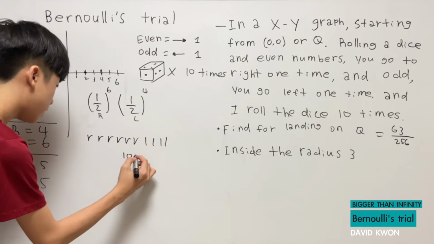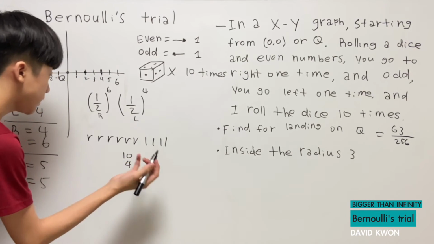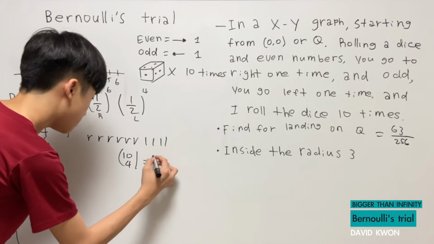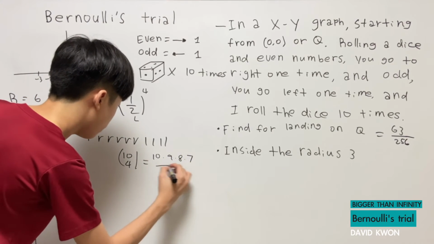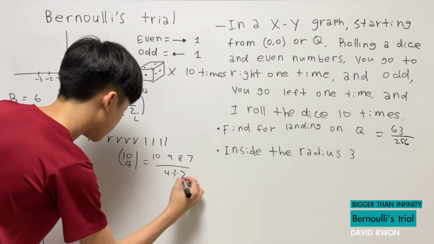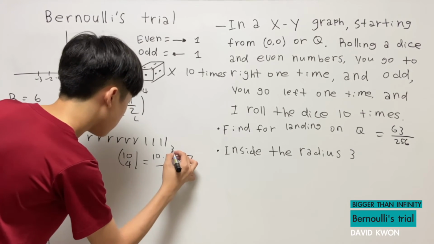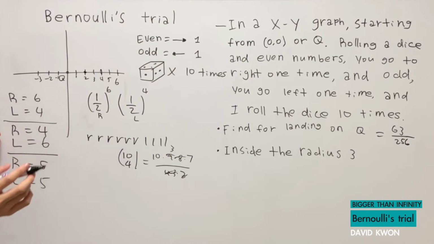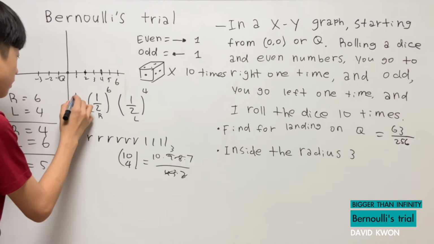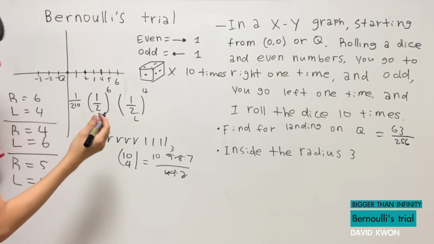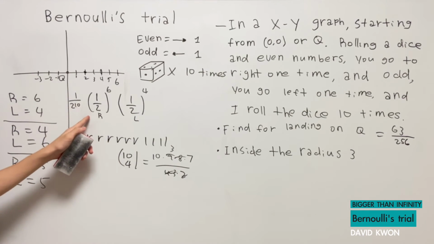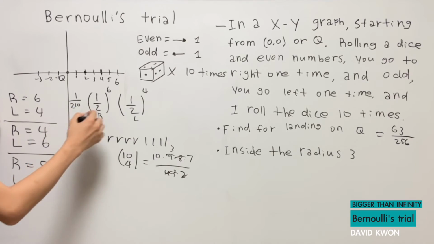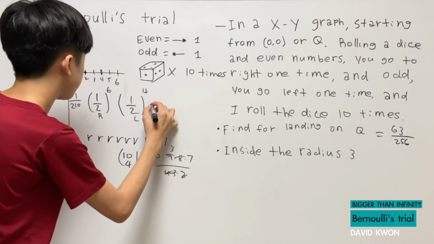That is equal to 10 choose 4, or 6, the same thing. This is equal to 10 times 9 times 8 times 7 over 4 times 3 times 2. This is 210. Or if your teacher wants it formally, you should write 10 choose 4 or 10 choose 6. So, what is all this?